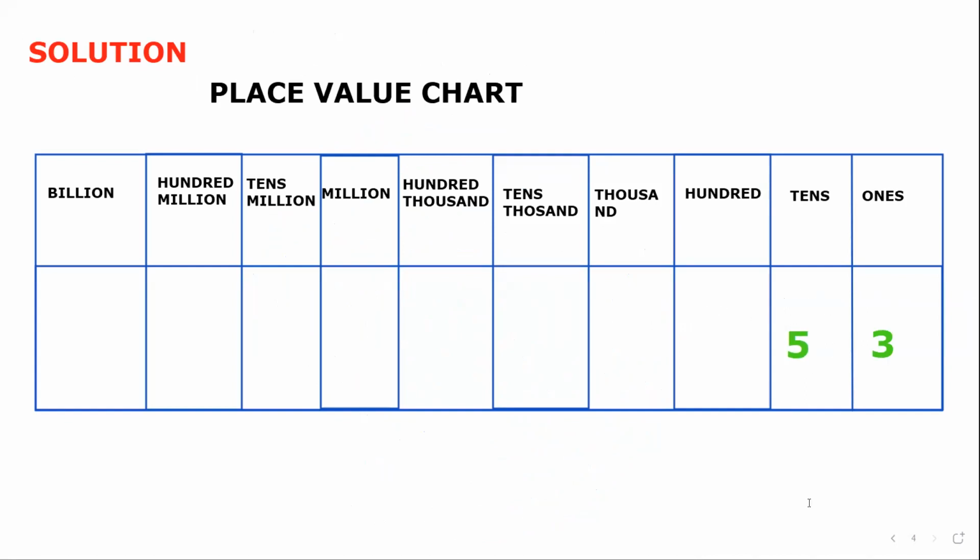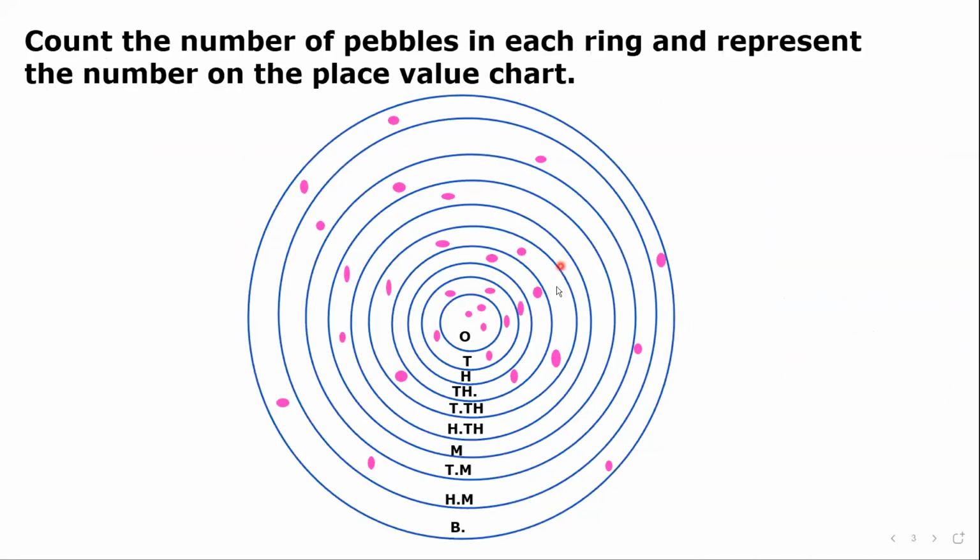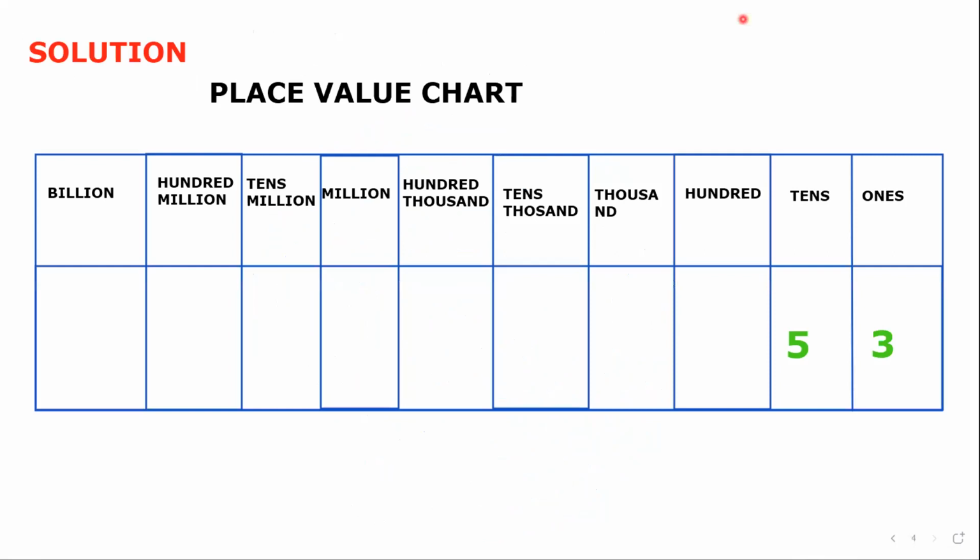Then you move back to the hundreds arena. We have only 1 in the hundreds arena. Then you come to the hundreds of the table. Then you write 1.